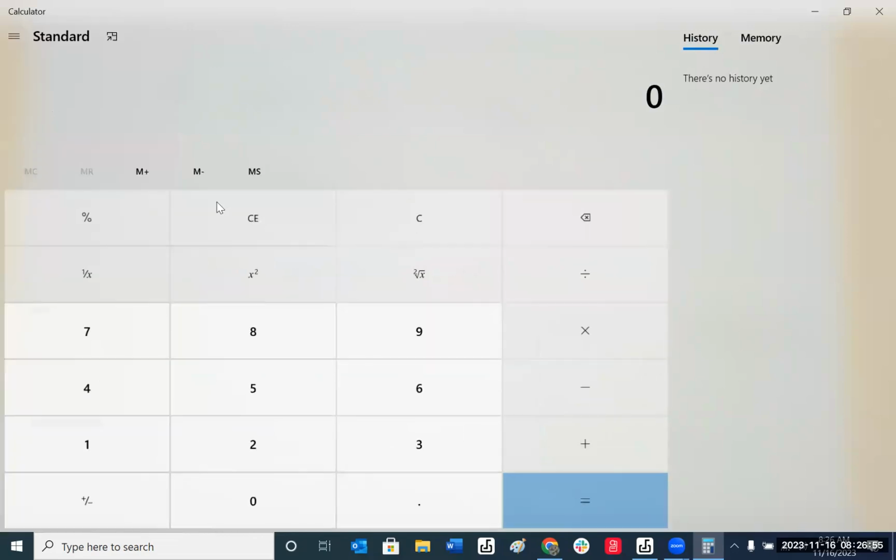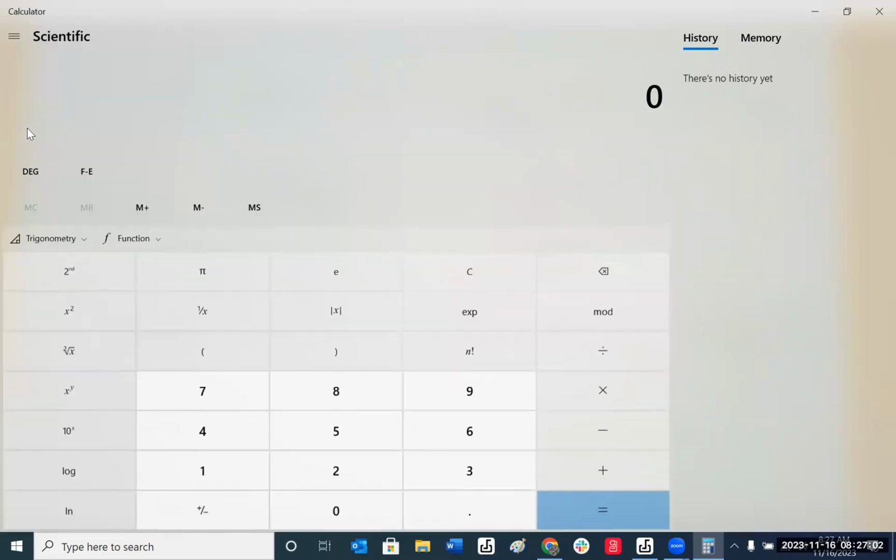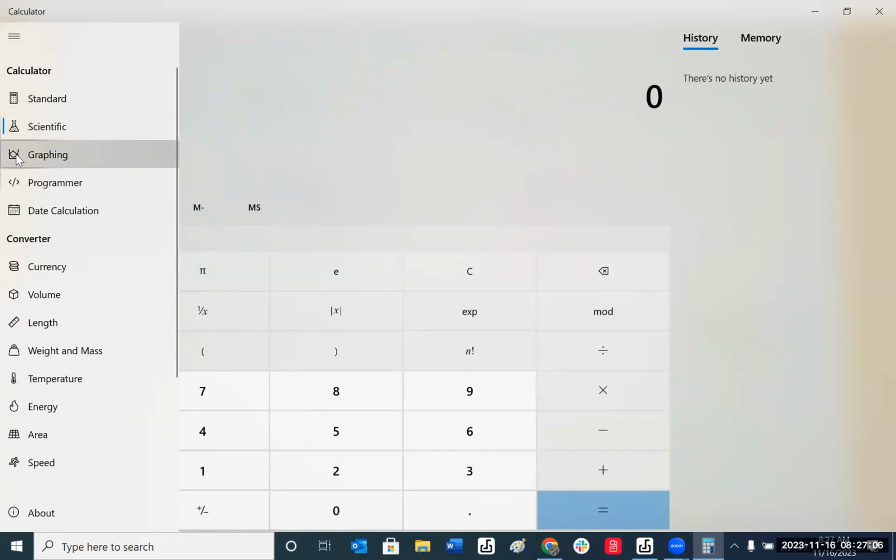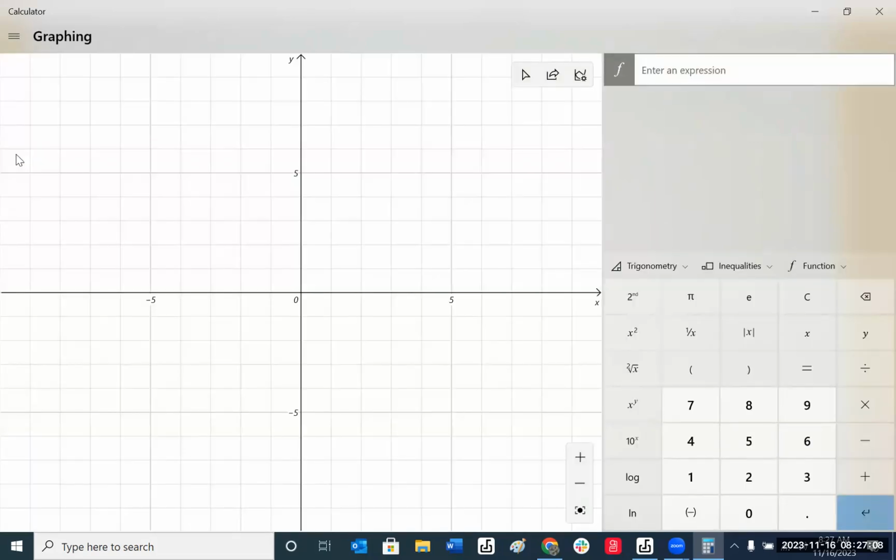You can go to a standard basic one that has really nothing, or we can use here the scientific. Actually, when you're doing your work, you can also use the graphing calculator. And if you notice here, there's log, there's ln.